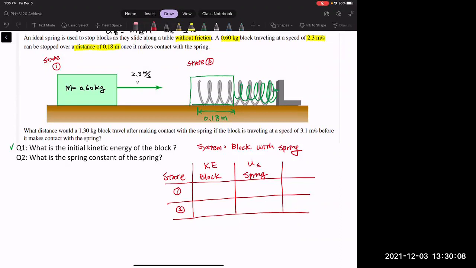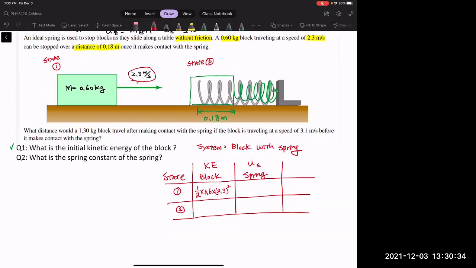The kinetic energy of the block depends on the velocity. So you look at what is the state one velocity. The state one velocity is this. So my kinetic energy for the block is 1/2 m v squared, where m is 0.6 and v is 2.3.